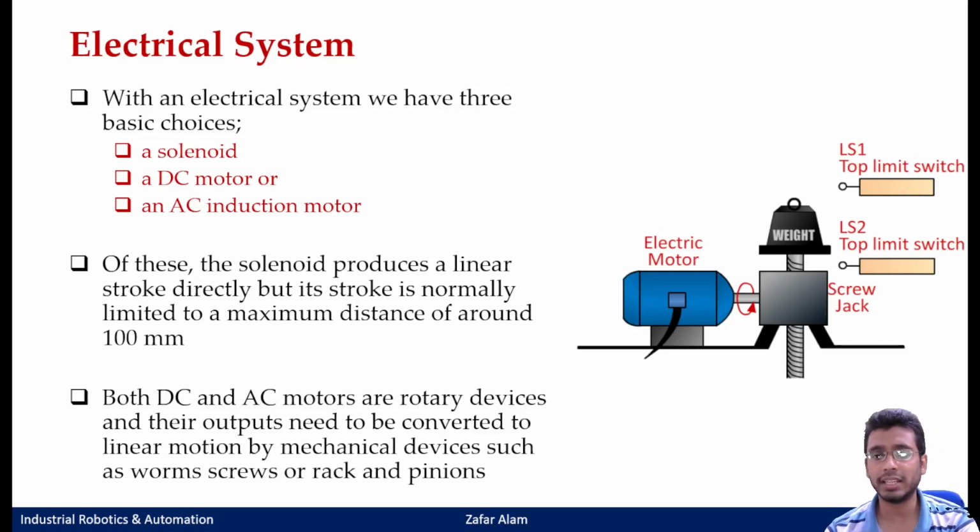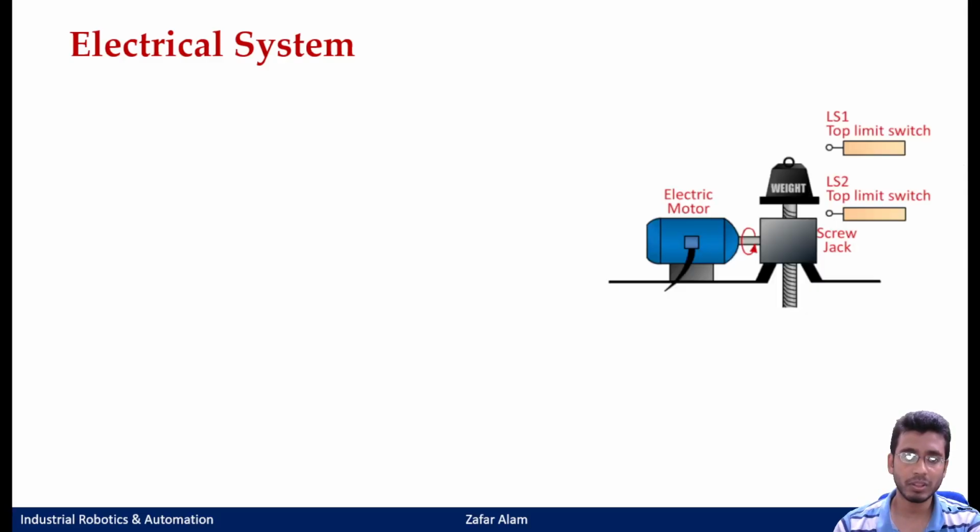As an example, if you can see in the figure, you can do that using a screw jack arrangement, where the rotary motion of the motor is converted to a linear motion, and then you are able to lift the weight. Here you will not have any limitation of the height up to which you can lift, because you can use your screw jack arrangement accordingly to the height that is to be lifted.